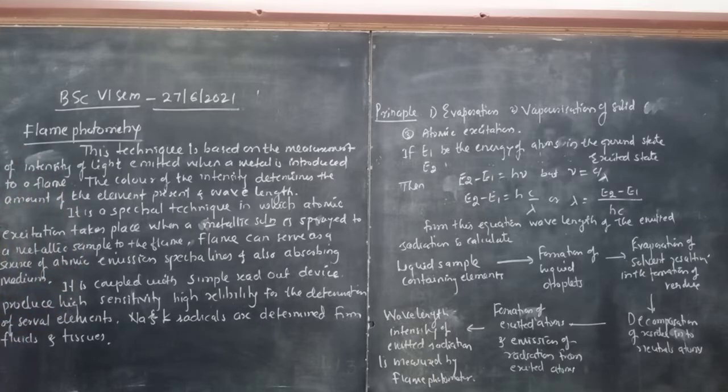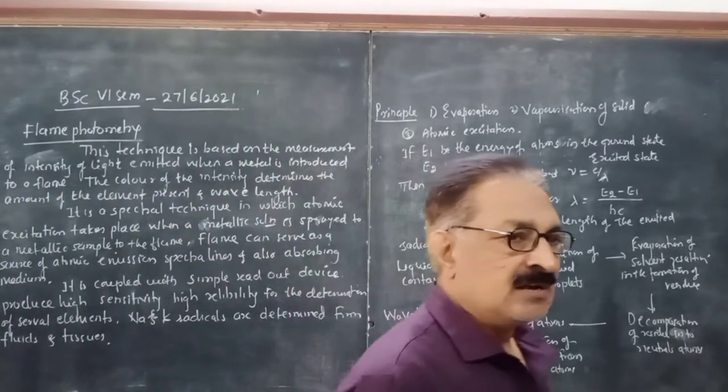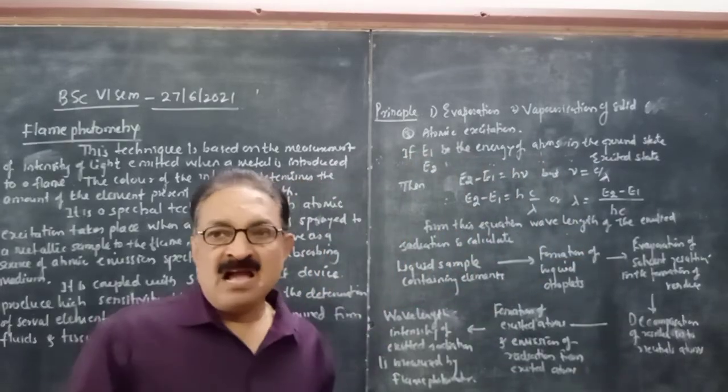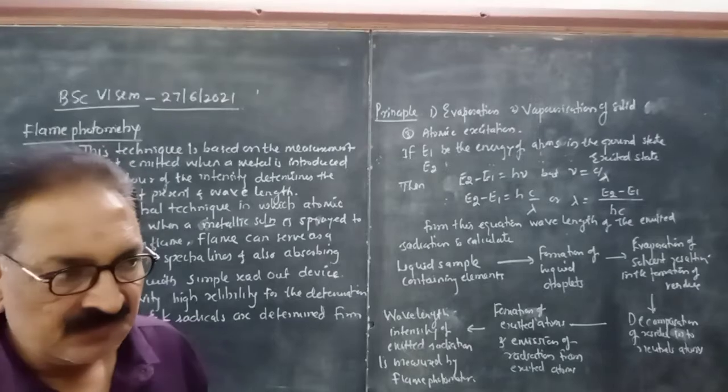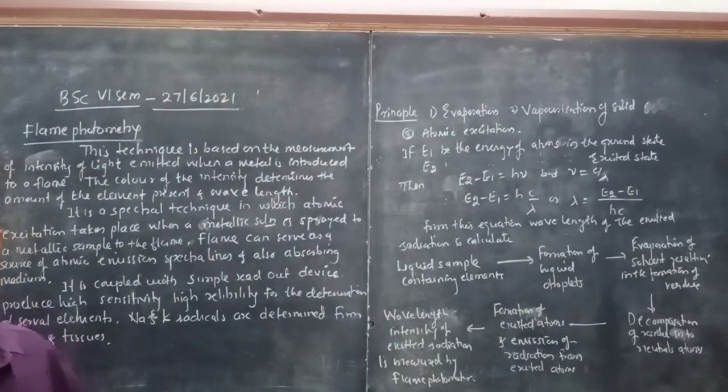This technique is based on the measurement of the intensity of the light when a metal is introduced to the flame. Already in fourth semester, you have done the flame test. In the flame test, some of the metal ions, when subjected to the flame, impart a specific color.